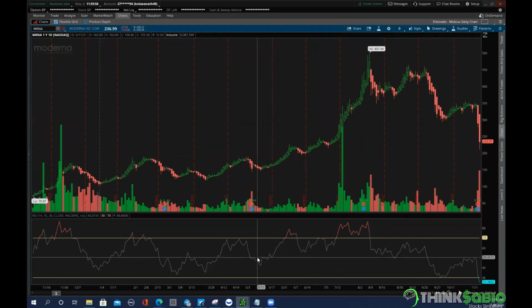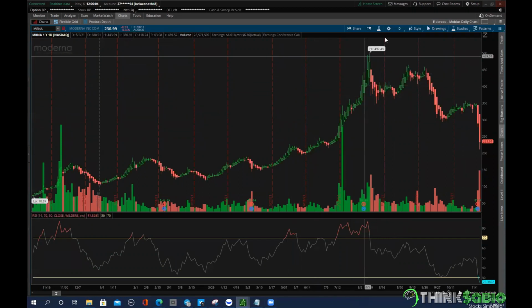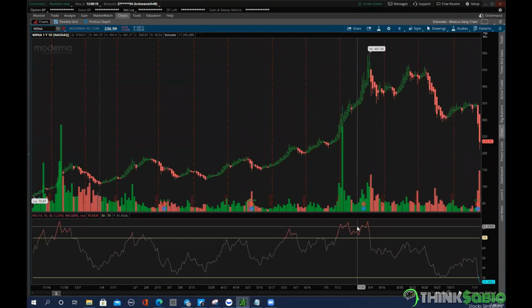So RSI is useful. I personally like to see RSI on a daily time frame rather than on intraday charts, like 1 minute, 5 minutes or 10 minutes, right? So try to go back and look at the bigger charts and then look at RSI. That's probably helpful. This gives you a gauge of whether a stock is overbought or oversold.